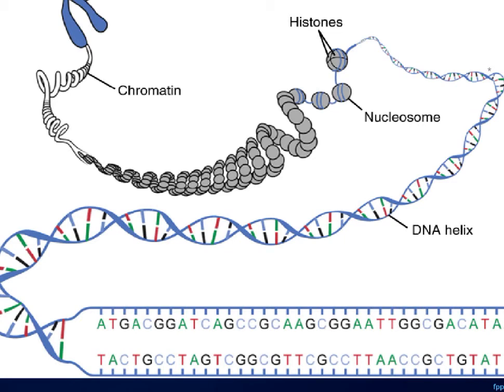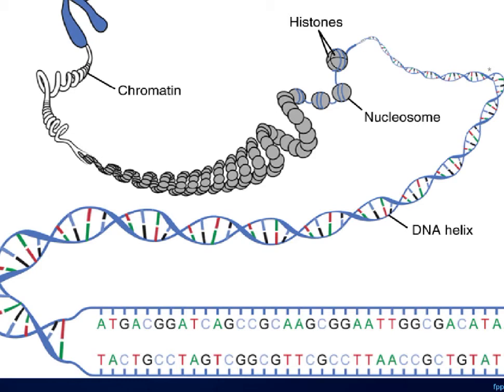Chromatin make it possible for a number of cell processes to occur, including DNA replication, transcription, DNA repair, genetic recombination, and cell division.